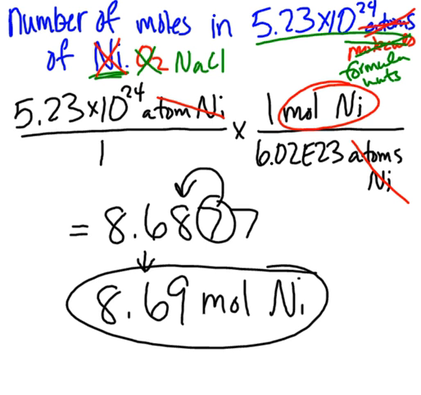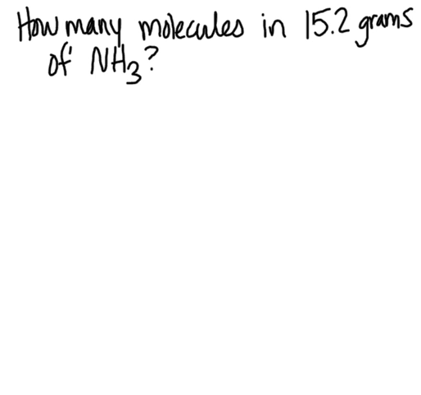Okay? Couple more problems that I want you to include the mass, and you need to use the molar mass to solve your problem, so to speak. So, looking at this problem, how many molecules are in 15.2 grams of ammonia?